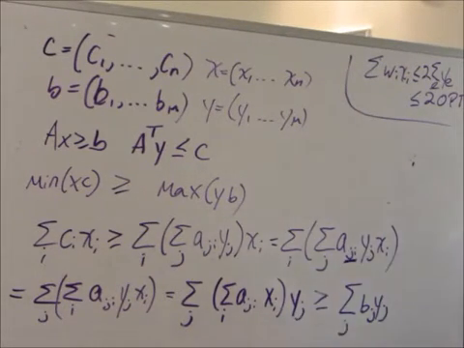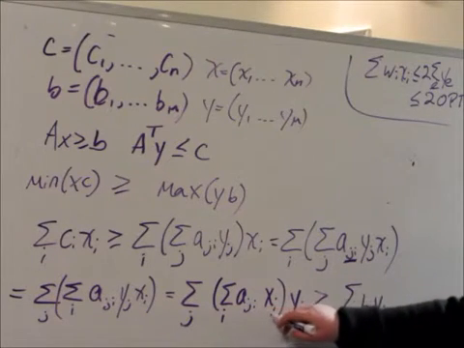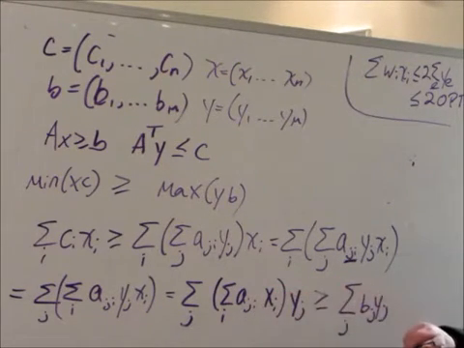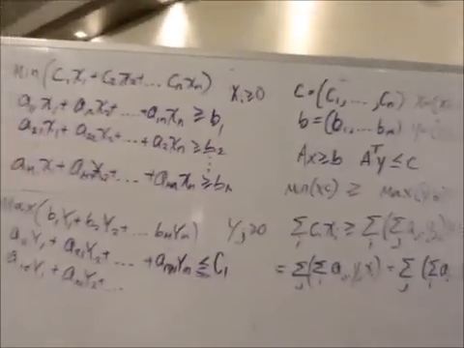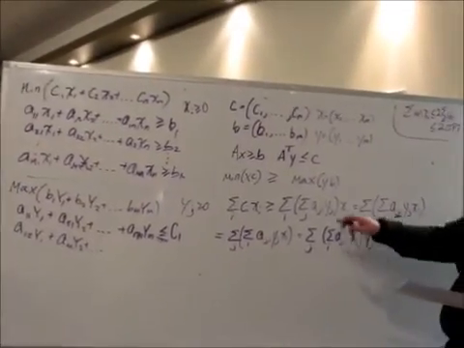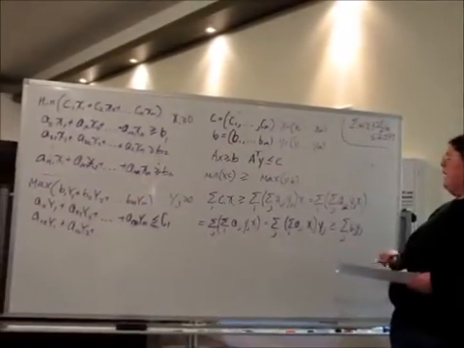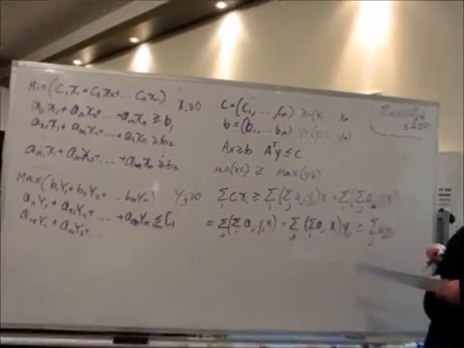All right, why am I allowed to do that? Well, this sum here, these A's and X's, that's just this row up here. So since I said that this expression was going to be bounded below by that b, I can just put it over here.